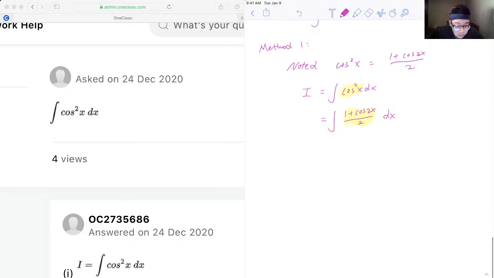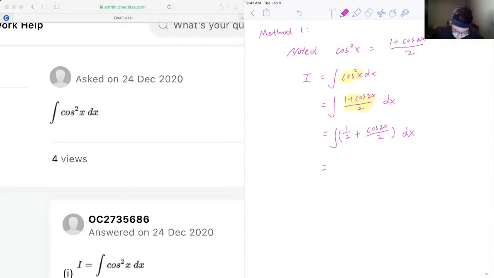So we can also rewrite this as the integral of 1 over 2 plus cosine 2x over 2, because you're sharing the same denominator, dx. And that will be equal to the integral of 1 over 2 dx plus the integral of cosine 2x over 2 dx.